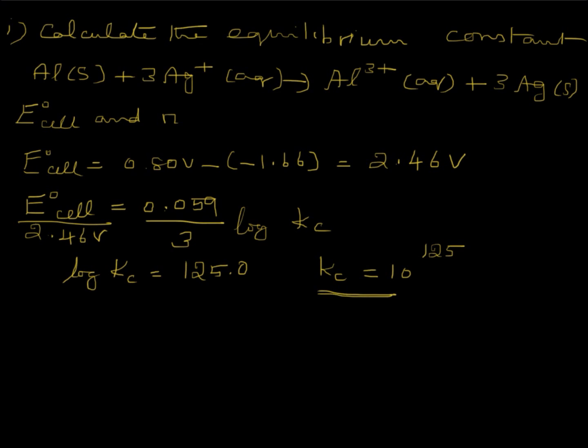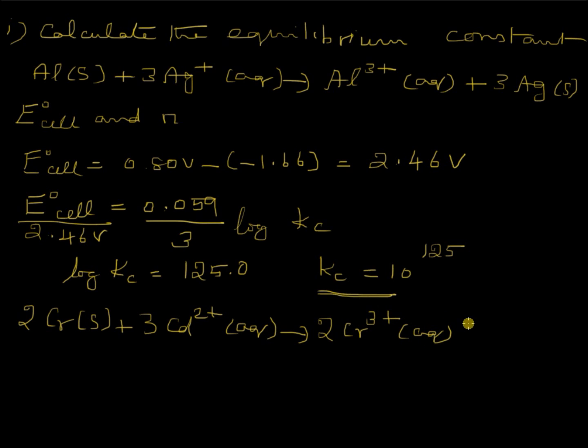The next equation for which you have to calculate equilibrium constant is 2Cr solid plus 3Cd2+ aqueous, giving 2Cr3+ aqueous plus 3Cd solid.